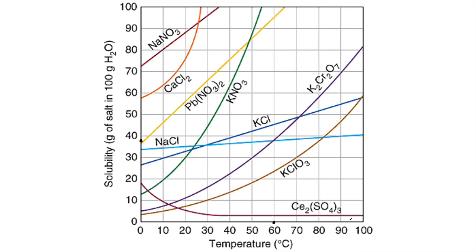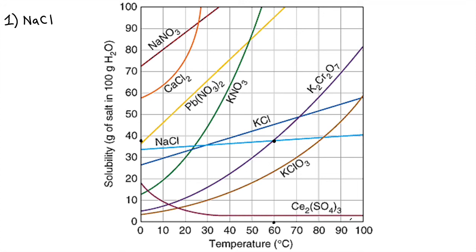So where those two intersect, it looks like it's a close call between sodium chloride and potassium chromate, the light blue line and the purple line. I'm going to make a judgment call and say it is sodium chloride. On your assessment, it won't be this close, so just make your best judgment.